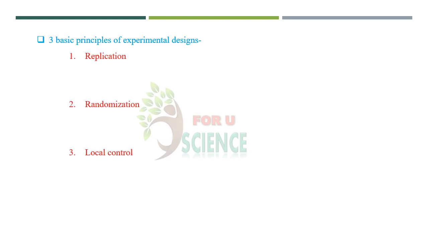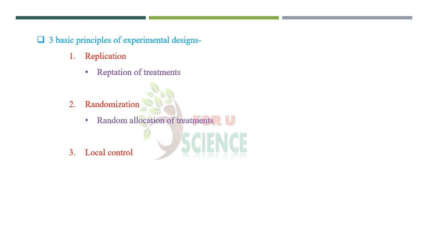First one is replication, then there is randomization, and the third one is local control. What does replication actually mean? You all know that replication means the repetition of treatments. That means one treatment we are using more number of times. If we increase the replication number, that will increase the precision by reducing the error to a great extent. Okay.